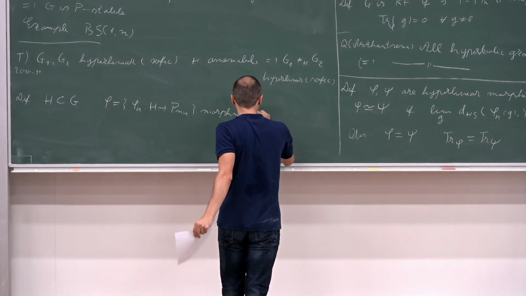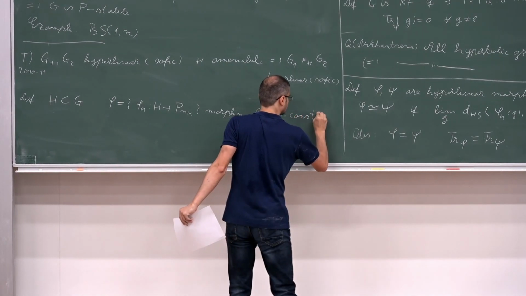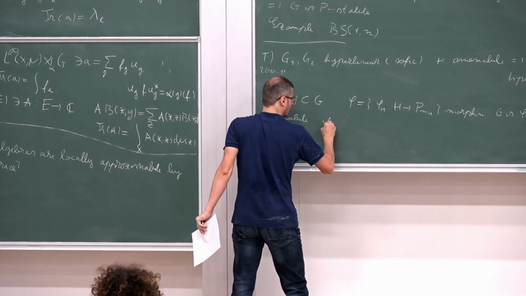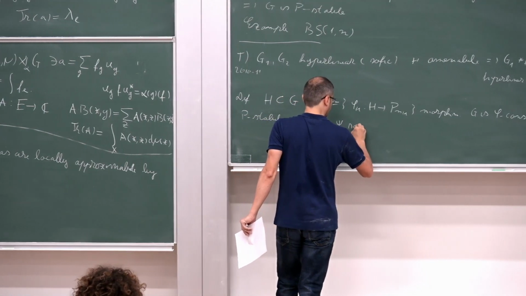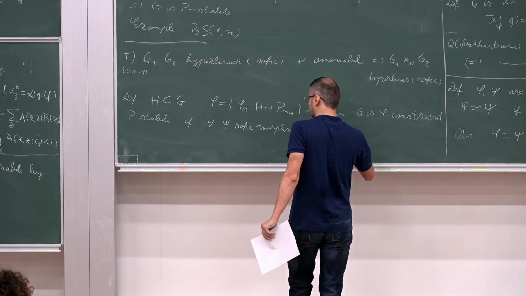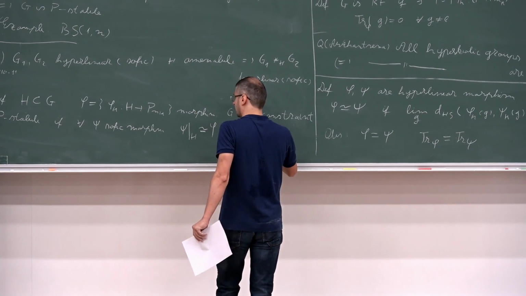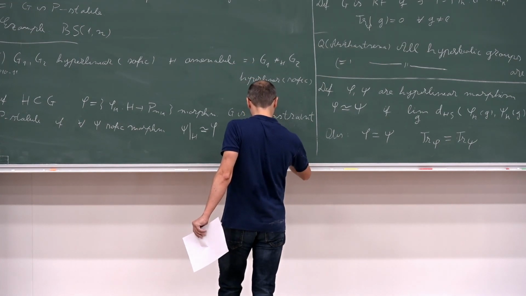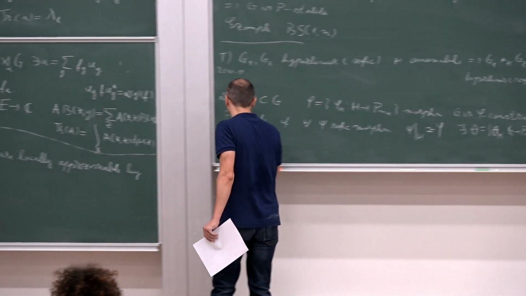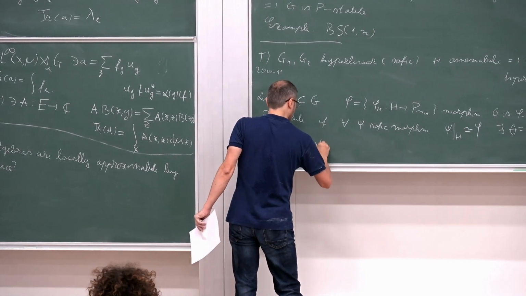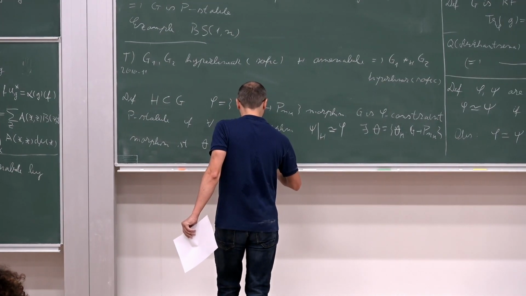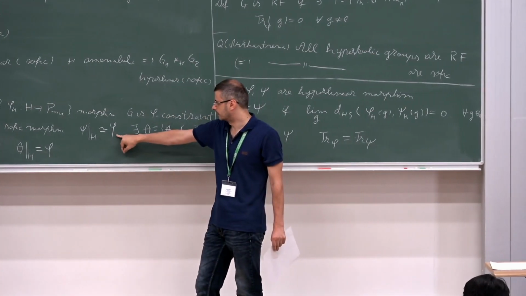And I will say that G is phi constraint p-stable if for each sofic morphism psi that restricted to the subgroup H is equivalent to phi, there exists theta, a morphism in permutations from G to P_k, such that theta is equivalent to psi and theta restricted to H is phi. So here we have equality, not only equivalence.